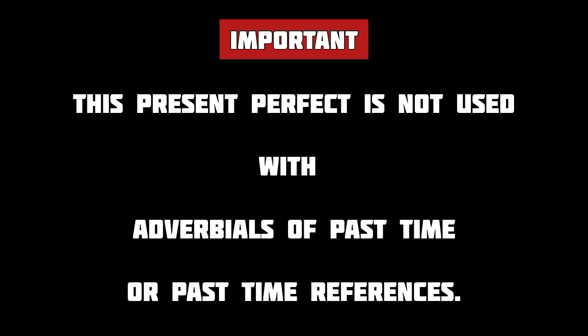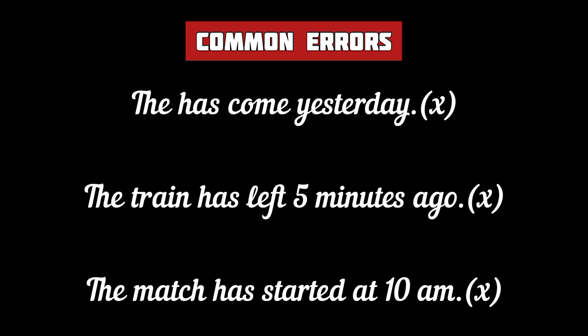Why? Because the present perfect indicates the completed status of the activity or action with reference to the present time. To put it simply, we cannot use any past time adverbials or adverbs of past time with the present perfect tense.